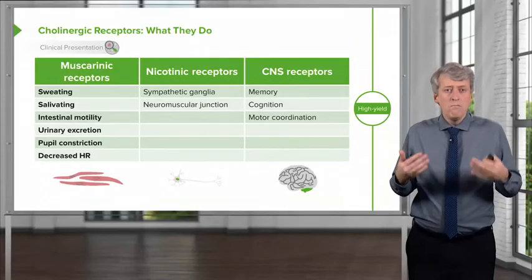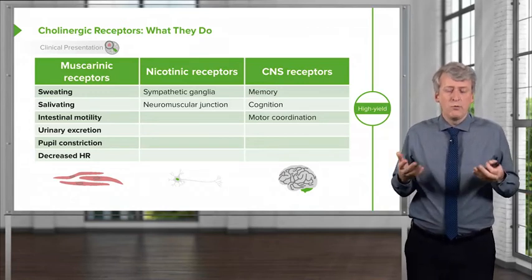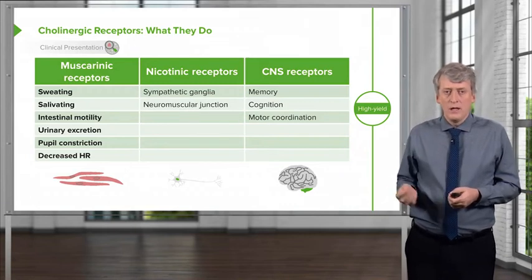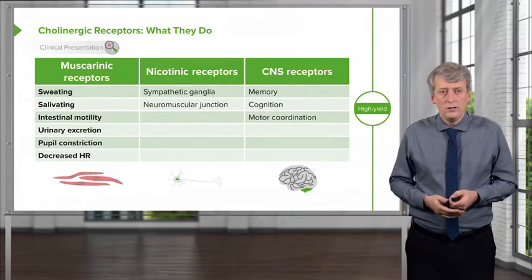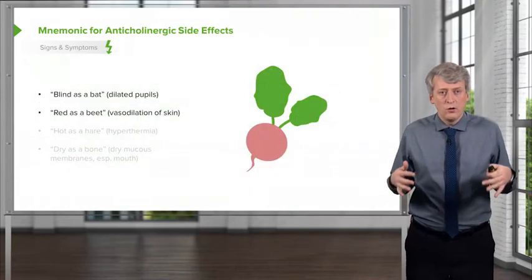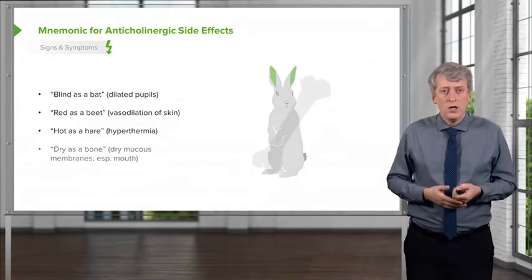So there's a mnemonic for anticholinergic side effects which many of us like to use that you've probably seen and heard before, which is blind as a bat. These patients will have dilated pupils. Remember, it's anticholinergic. Red as a beet. They will have vasodilation in the skin resulting in erythroderma. Hot as a hare. They will be hyperthermic. Dry as a bone.